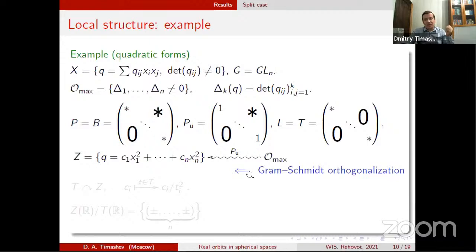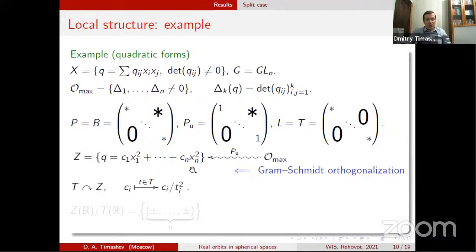It claims that each quadratic form with non-vanishing upper corner minors can be transformed to this shape by a unitriangular change of variables. This is nothing else than a Gram-Schmidt orthogonalization process, actually.